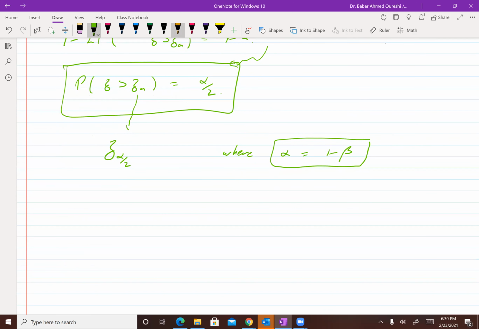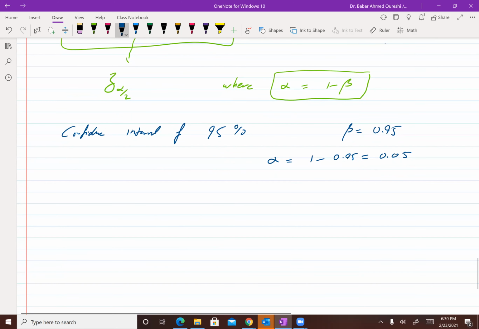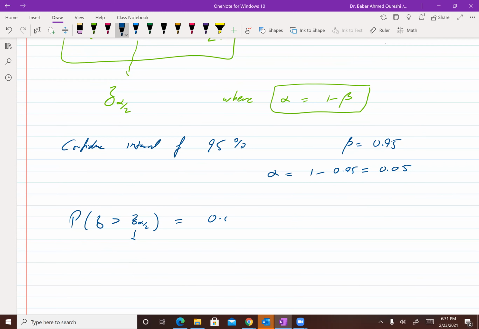So what does this mean? This means if you want to put a confidence interval of 95%, then beta would be 0.95, then alpha is 1 minus 0.95, so it's 0.05. And the critical value I'm looking for is Z greater than a particular critical value, so that the probability is 0.05 over 2, so it's 0.025.